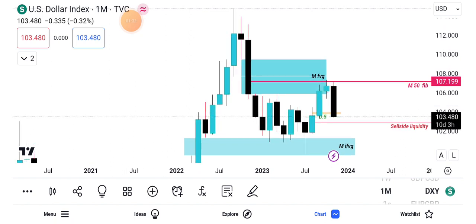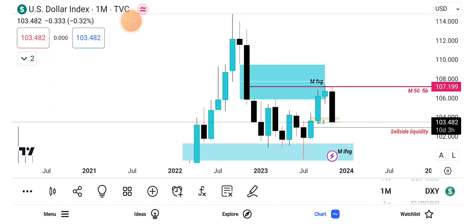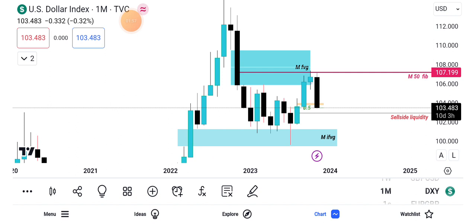Because I'm an ICT trader, you can pause the video so that you might have an overview of what you are seeing, and from here what you are anticipating, so that I will also tell you what I'm seeing. So you can pause it, then let's get cracking.